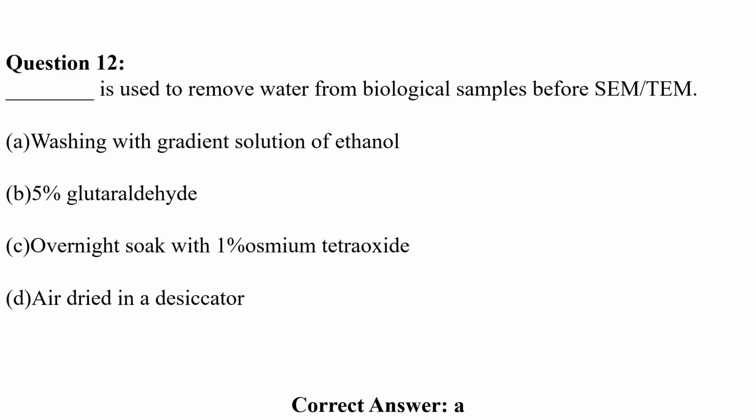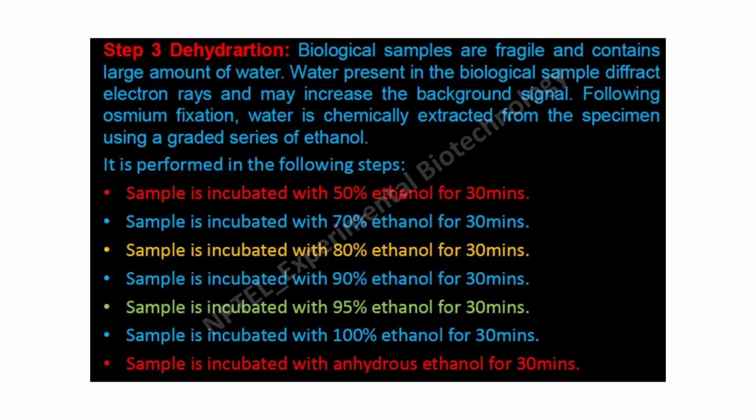So that's why water has to be removed. For removing water, we generally wash it with ethanol. So this is the process of the dehydration step where we are removing the water.